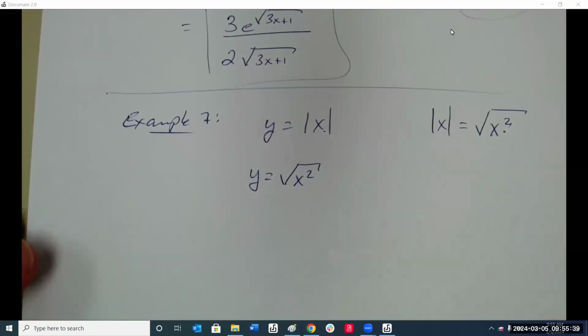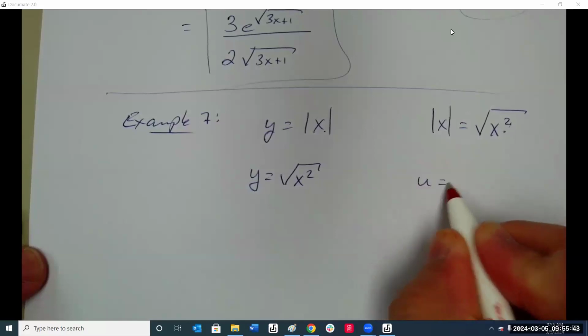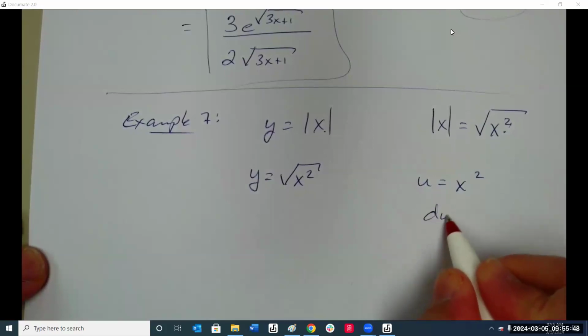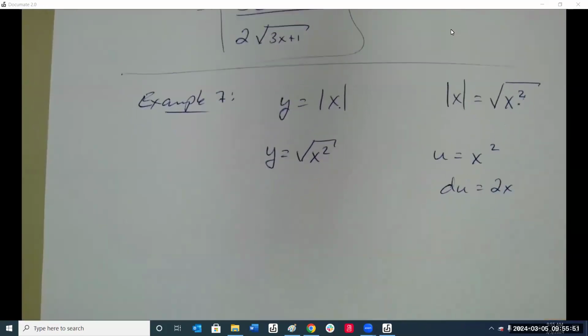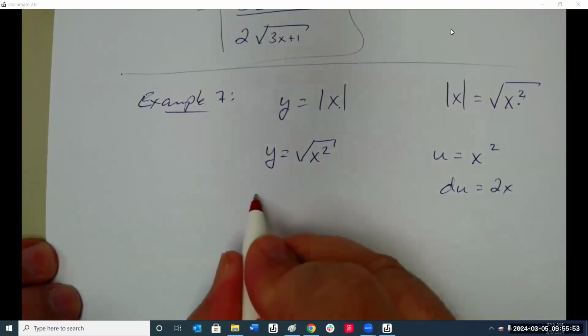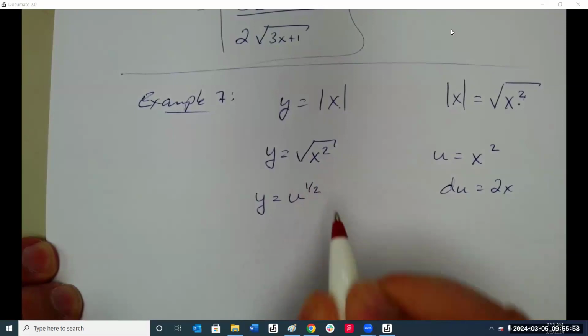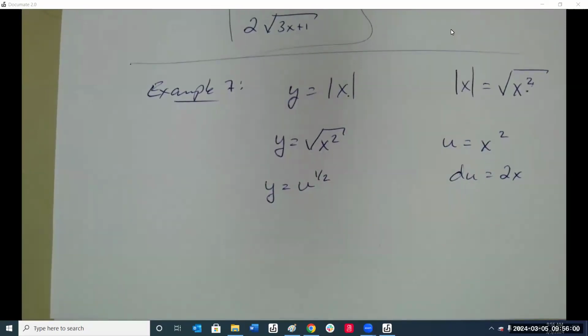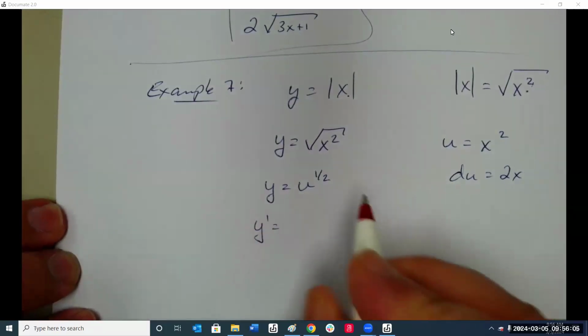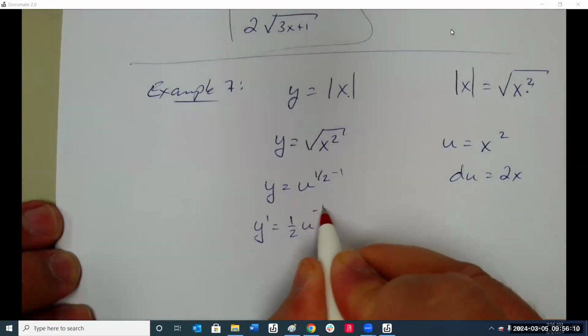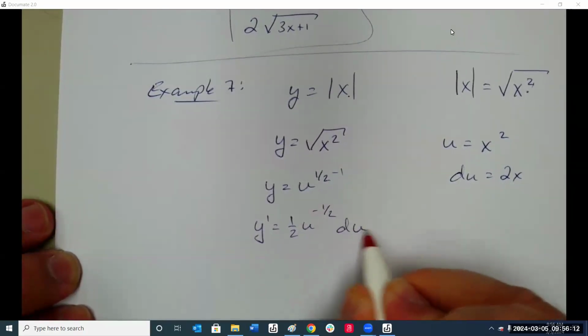So now we take a derivative of this. So our u would be x squared. Du would be 2x. This would be u to the power 1/2. The derivative, 1/2 u, subtract 1 makes it negative 1/2, times du.